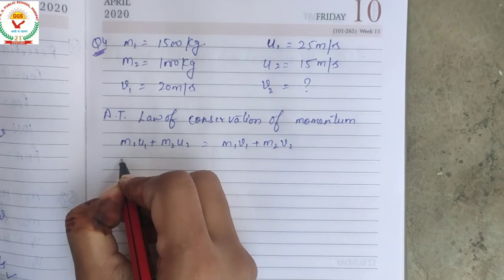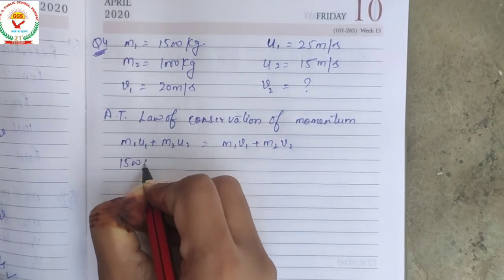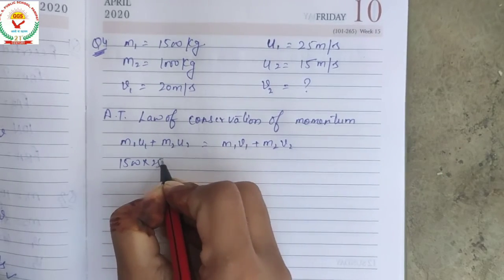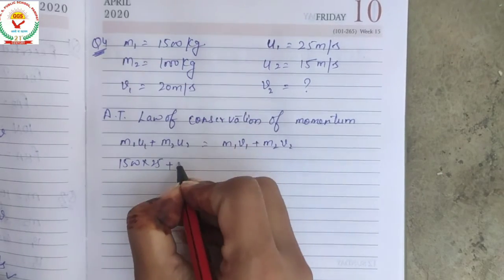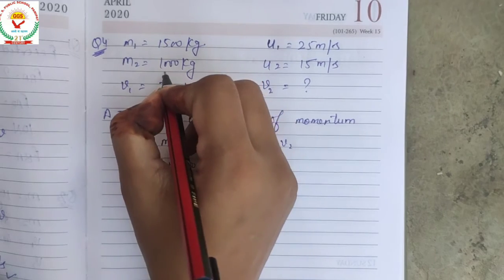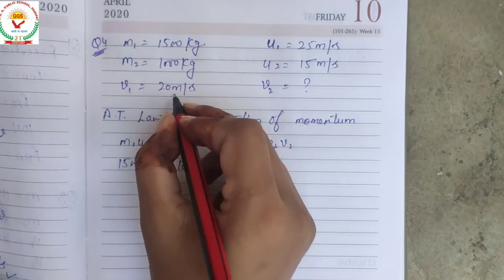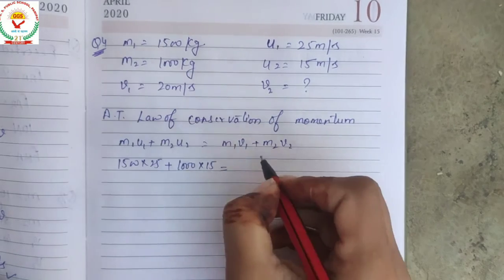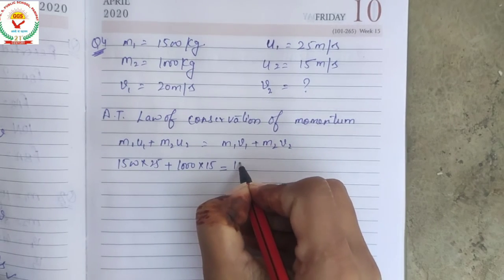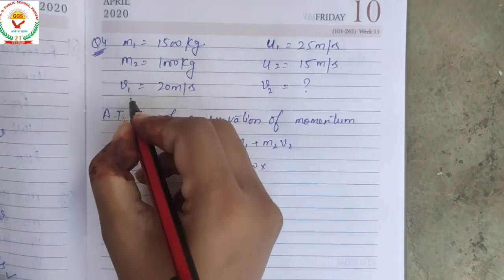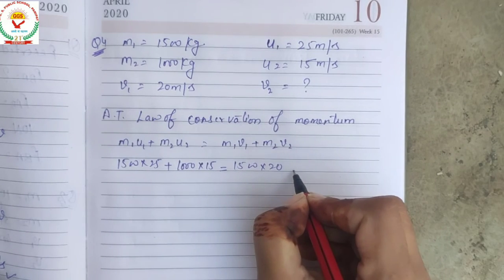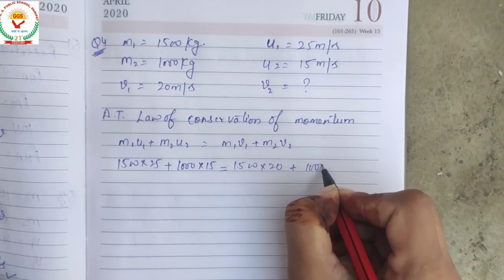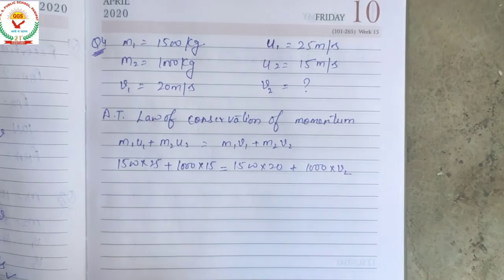M1 is 1500, U1 is 25, plus M2 is 1000, U2 is 15, is equal to M1 is 1500, V1 is 20, plus M2 is 1000, V2 we have to find out.